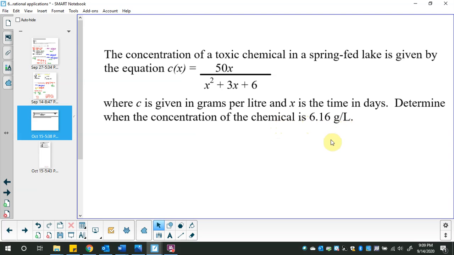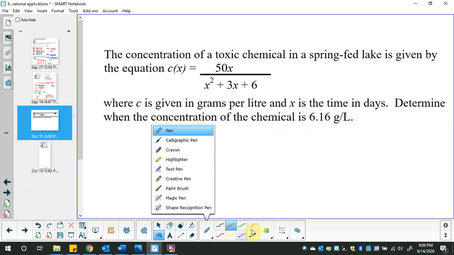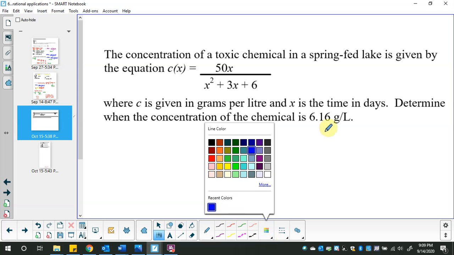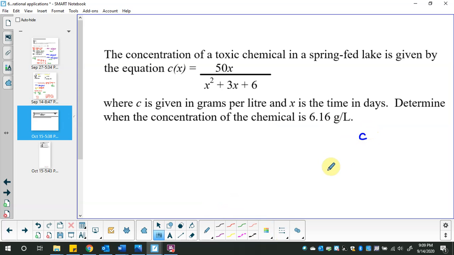So, something I like to do with word problems, especially when they're unfamiliar, like I haven't taken chemistry since high school, honestly, is make a little note off to the side for myself. So I have a C to worry about in this question, and I have an x, and we should have values for those. So, for instance, C is given in grams per liter.